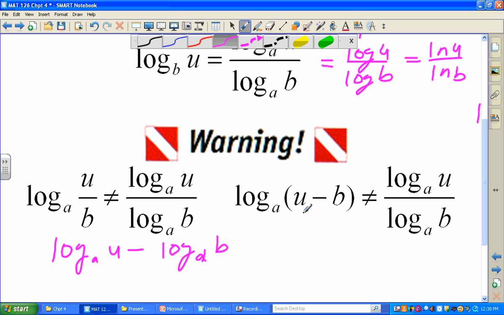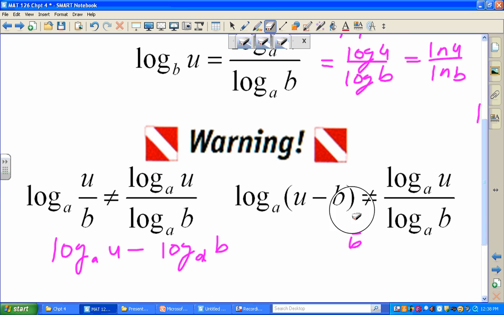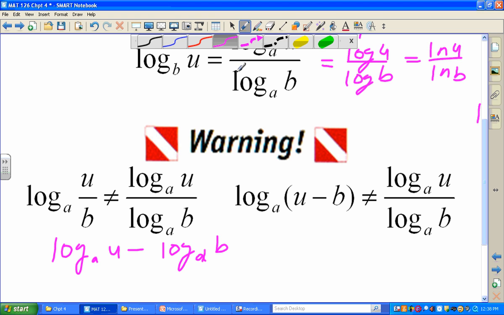And the next one, you can't distribute logs or anything like that. If you had that, it has to be log base A of U over B. No, it wouldn't. It'd be log of U base B. You're absolutely right. That would equal log base B of U. Okay? There we go.